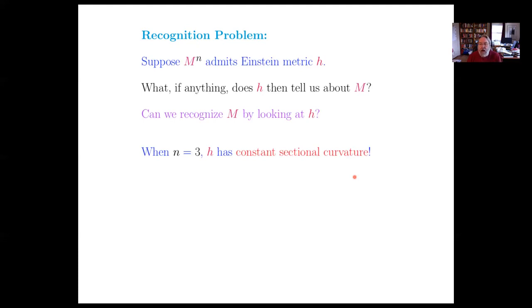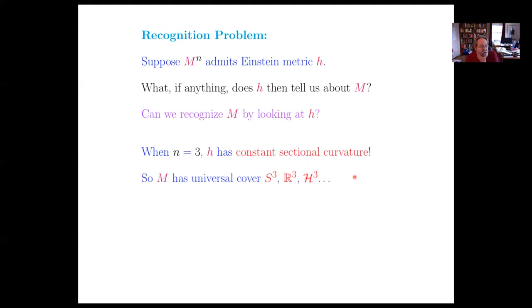In low dimensions, for example in dimension 3, an Einstein metric is actually a metric of constant sectional curvature, and the whole Ricci flow program for solving the Poincare conjecture in dimension 3, for geometrizing 3 manifolds, was based on trying to find Einstein metrics on 3 manifolds, because in dimension 3 they are metrics of constant sectional curvature.